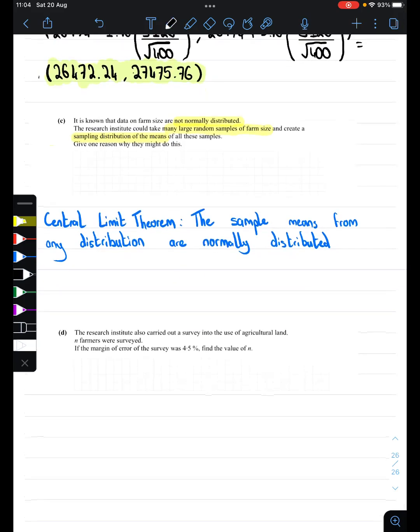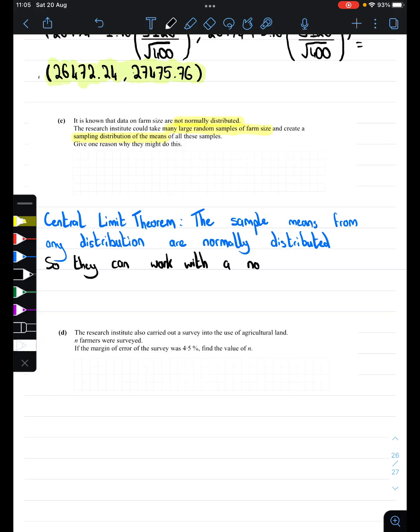And so the reason that they might do this is so they can work with a normal distribution, because we have all these tables for normal distributions. Normal distributions have all these nice properties.